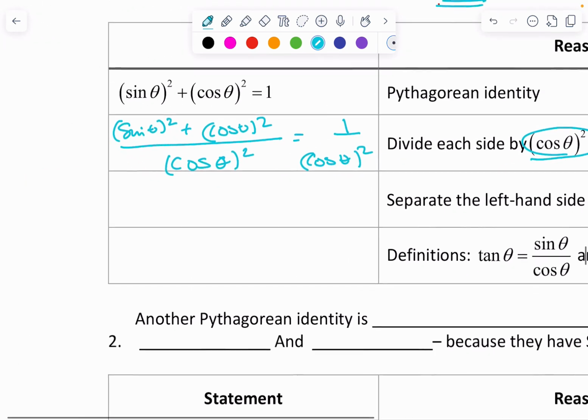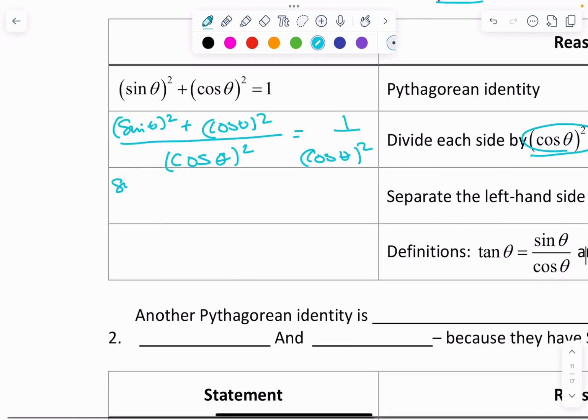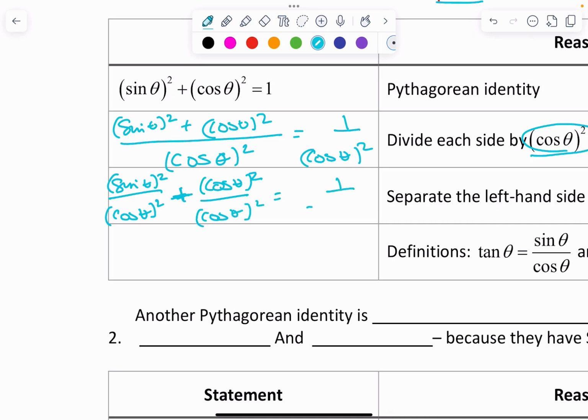Now it says to separate it into two fractions. So I get sine of theta squared over cosine of theta squared plus cosine of theta squared over cosine of theta squared is equal to 1 over cosine of theta squared.